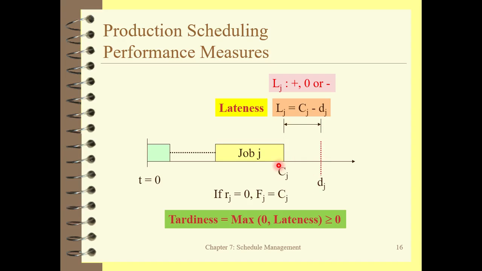DJ is here, CJ is here, so in this case lateness is equal to minus something, right? Lateness is equal to 0 when the job finished on time, and lateness is equal to plus something, meaning that the job finished late.